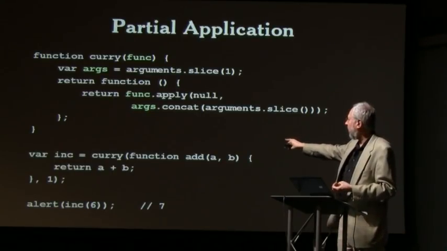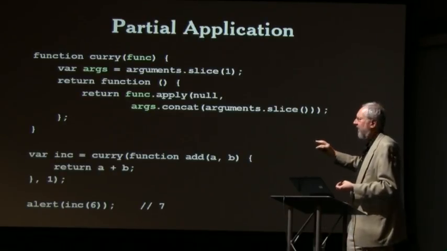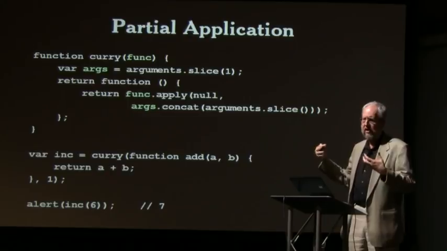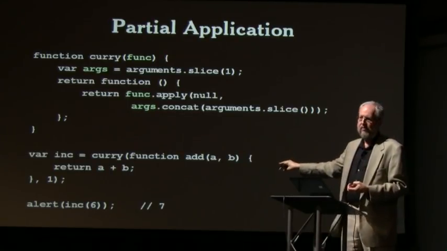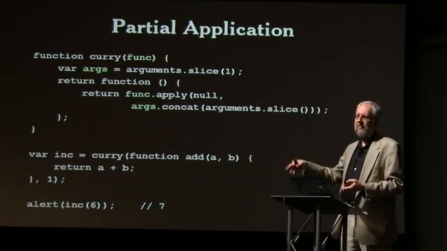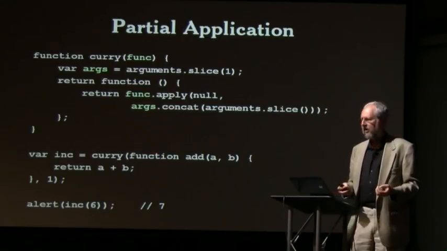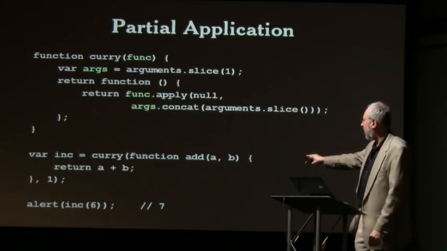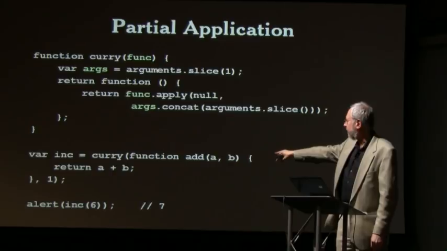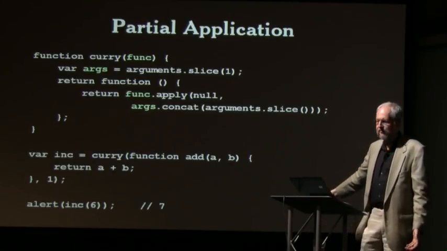I'm going to, using a function called curry, pass it an add function, which takes two arguments and adds them together, and I'm going to pass it 1. And it will return a function which will add 1 to whatever gets passed to it. So I'm going to store it in an increment because that's a good name for that. And then I can call it. So if I pass a 6 now to inc, I get 7.